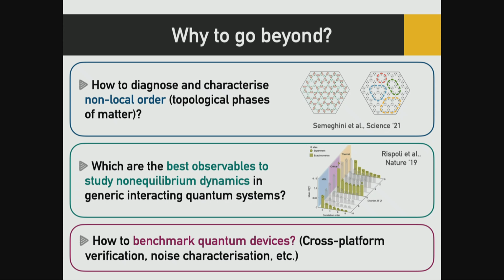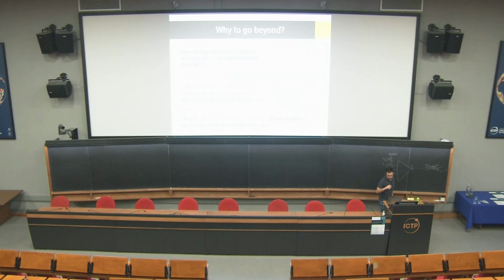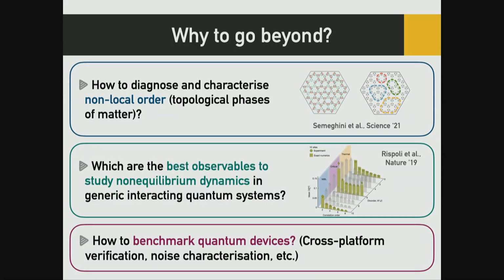The best example here is systems that feature topological phases of matter, where a local order parameter will not tell you the whole story of the system. Another example, in broader terms, is when you study non-equilibrium dynamics in a generic interacting system: it is not always obvious which quantities are the best to describe such dynamics.